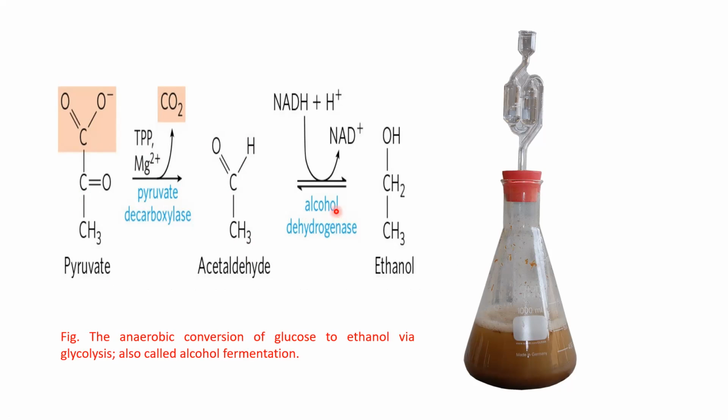And in presence of alcohol dehydrogenase, the acetaldehyde gets converted to ethanol. And this is the step where the NADH reducing power is supplied from 3-glyceraldehyde phosphate, and oxidized NAD positive is made. Okay. So this is the anaerobic conversion of glucose to ethanol via glycolysis in alcohol fermentation.